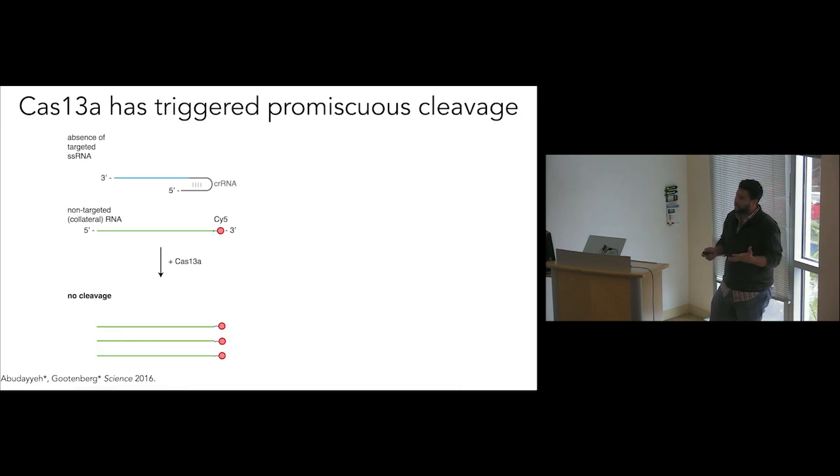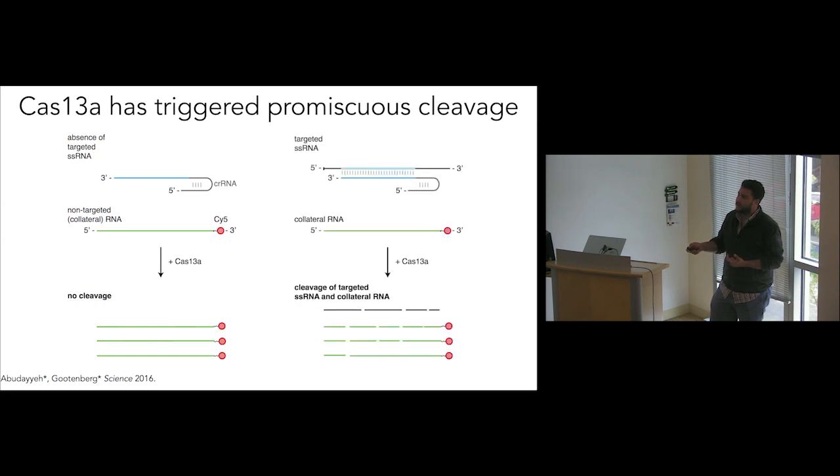But there was one problem. When this activity became activated, it didn't just cleave the target, it would cleave any other RNAs that were nearby. What we saw is that if you had a CRISPR RNA and an RNA that's not complementary, you get no cleavage of this non-complementary RNA.